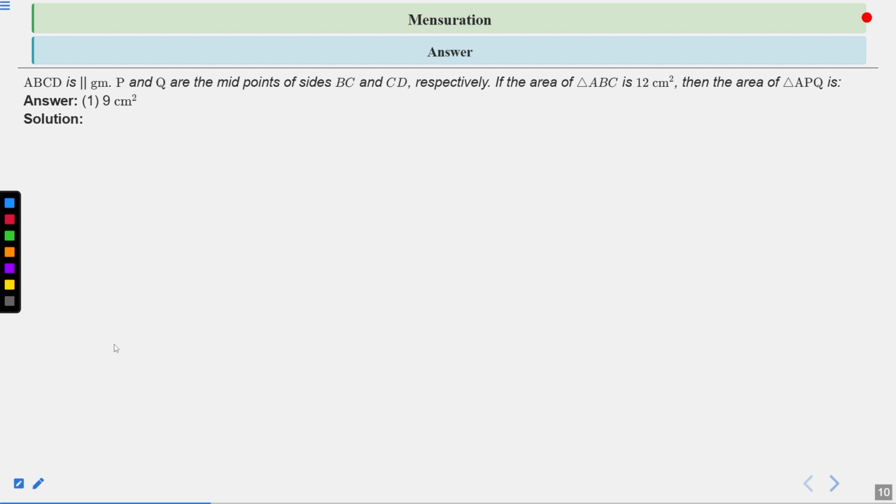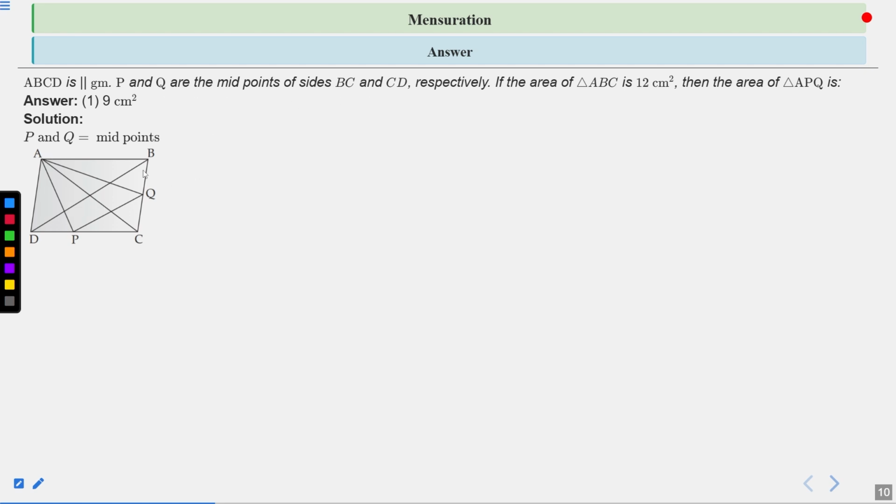Now see the detailed solution of this question. So P and Q are the midpoints of the sides BC and CD. So this is the diagram of a parallelogram ABCD, and it is given that P is the midpoint of BC.